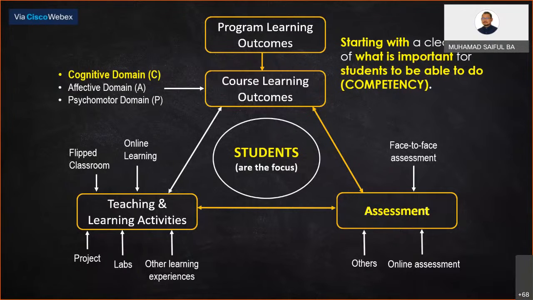Then we assess them just to verify the evidence of learning, because we are looking for any evidence that can justify the student has achieved what they are supposed to achieve. We are looking toward their competency instead of punishment, in a positive manner, to verify whether they can perform the expected competency based on the assessment task we give them.